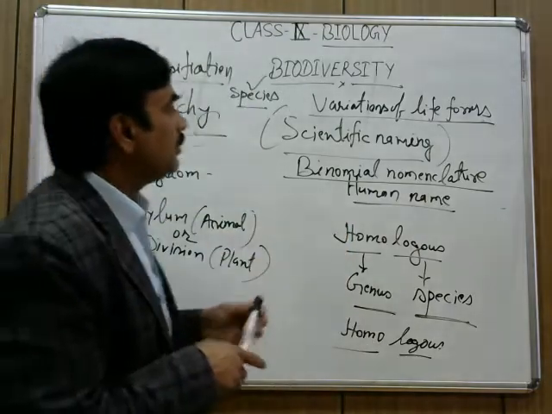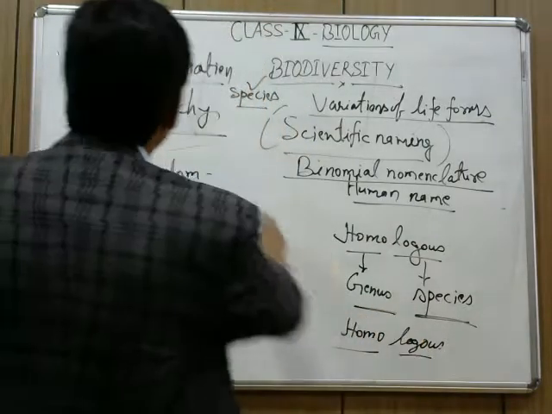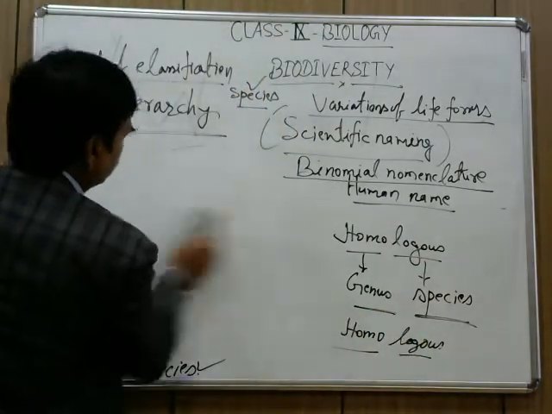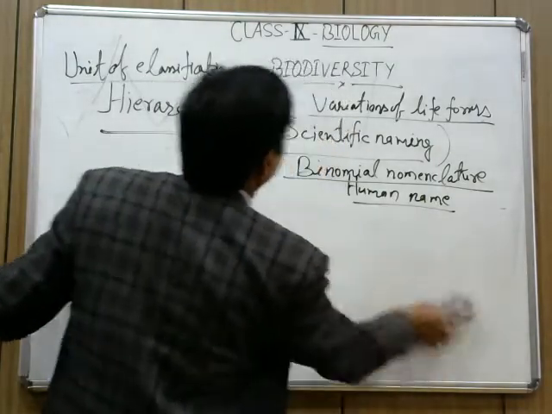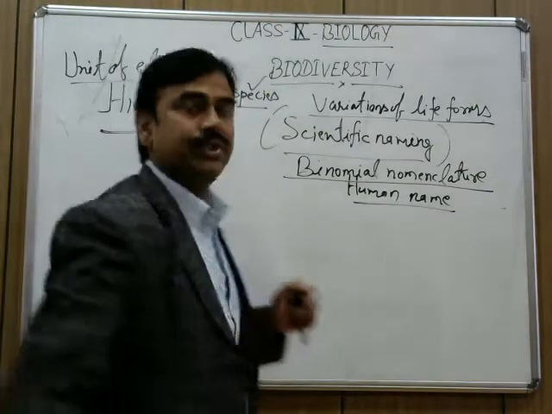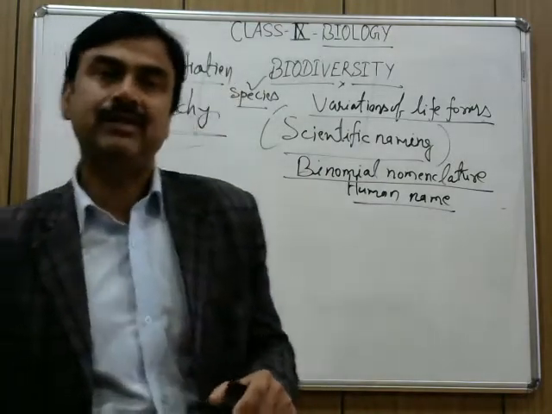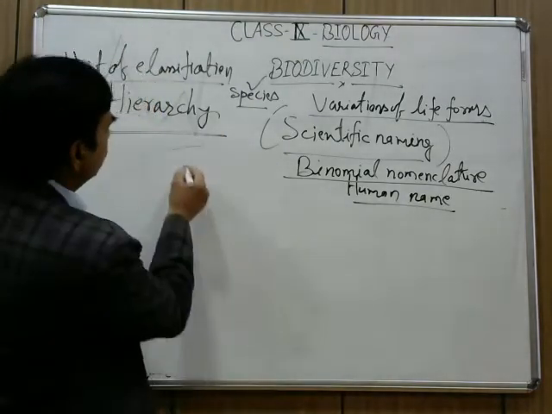So I am going to give you 5 questions for the assignment. I am sure that you have enjoyed this lecture, and at the end you can write these 5 questions.